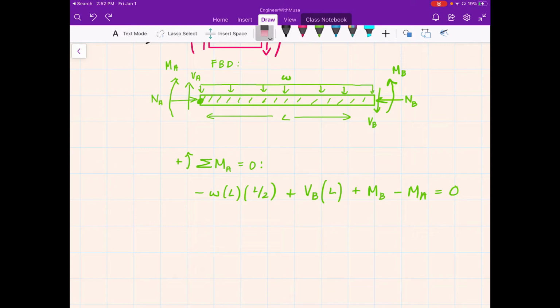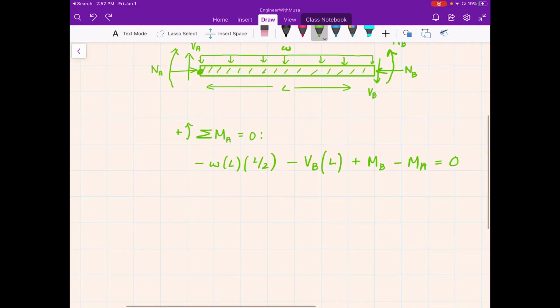I believe this value over here is supposed to be negative as well, because it is acting counterclockwise. It's acting clockwise, my apology. Clockwise is negative, that's why I put a negative over here. So once we solve for this, we will indeed have minus omega times L squared over 2, minus VB times L, plus MB, minus MA, equals 0.